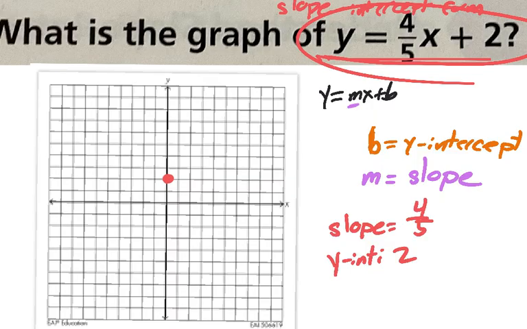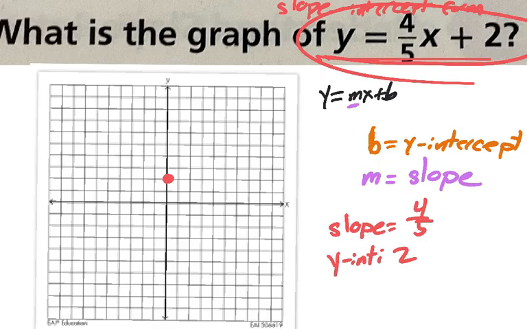And now I need another point. Did y'all learn in geometry, through any 2 points there exists exactly one line? So if I'm trying to draw this line, I just need another point. I can use the slope that tells me how much to rise and how much to run to find another point.